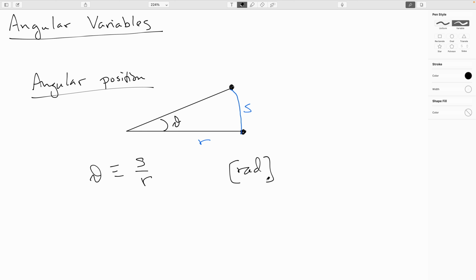The reason I say quote unquote about the units is they're technically a symbol. Because if you think about it, arc length has units of meters, radius has units of meters. So meters over meters, that just cancels. So really, a radian is just a fancy way of writing the number 1. So this is really just a symbol that tells us we're dealing with angles.